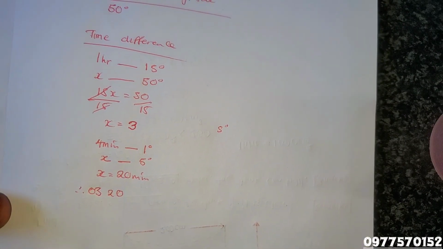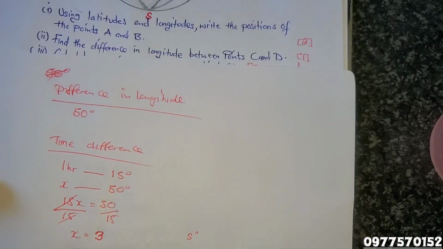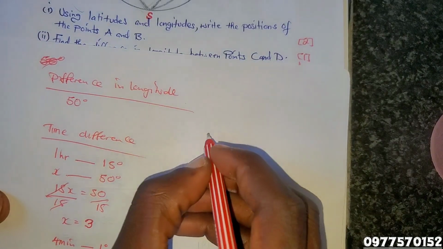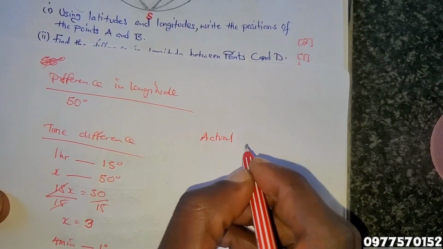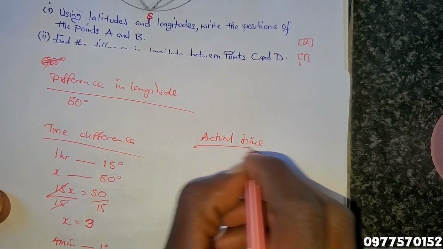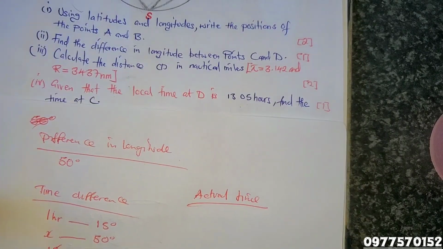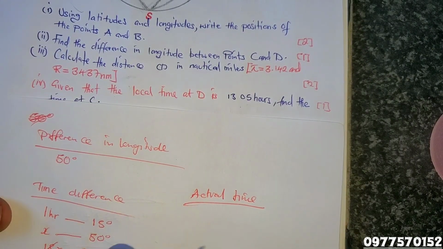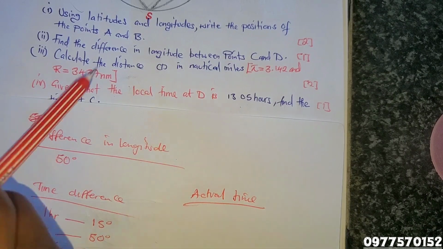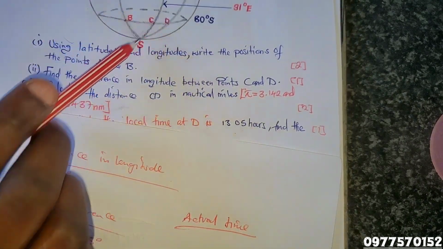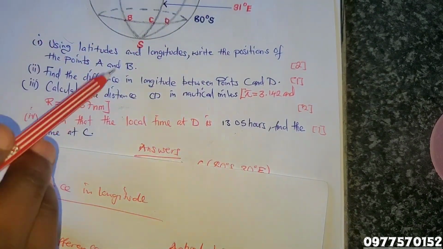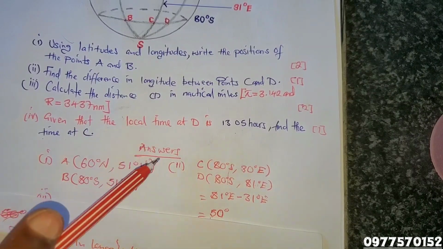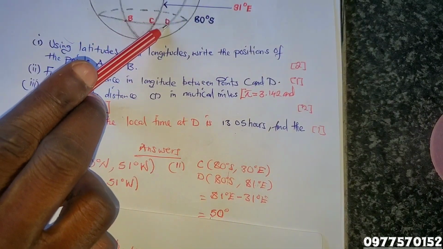Now let's find the actual time. Finding actual time, we do it like this. At D here it is 13:05.